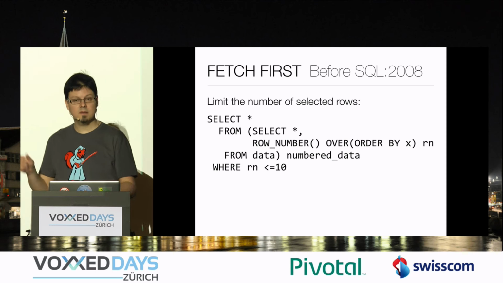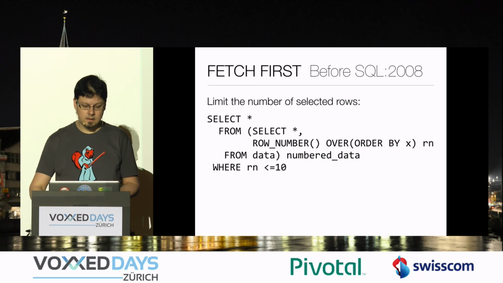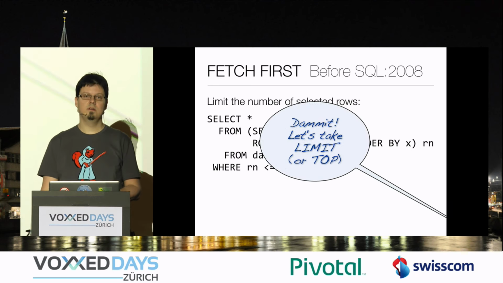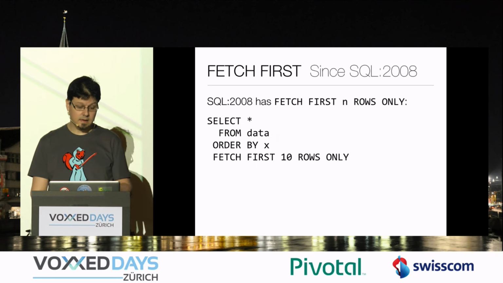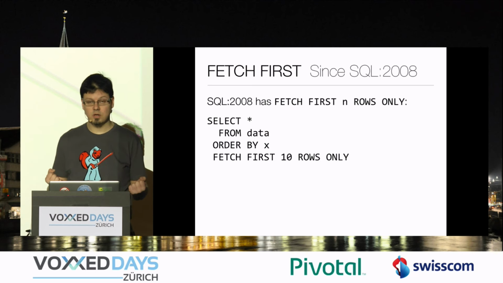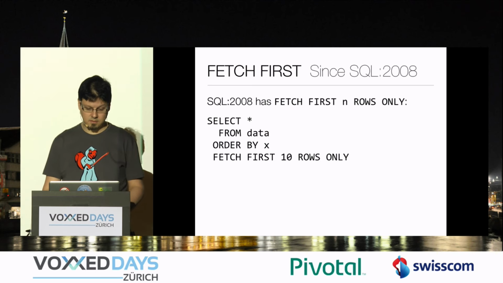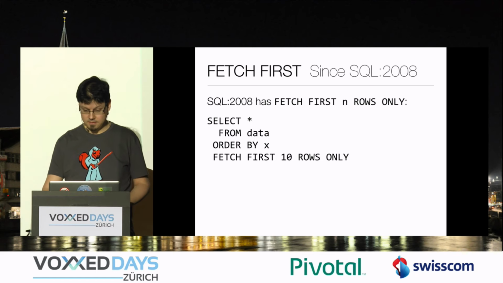And you won't believe it, most databases optimize this quite efficiently. Nevertheless, it's not so beautiful. If you just type in limit 10, it's just faster. And now we have this fetch first 10 rows only syntax. That's now the official ISO standard way to say it. It's a little bit verbose, but that's the way it is.